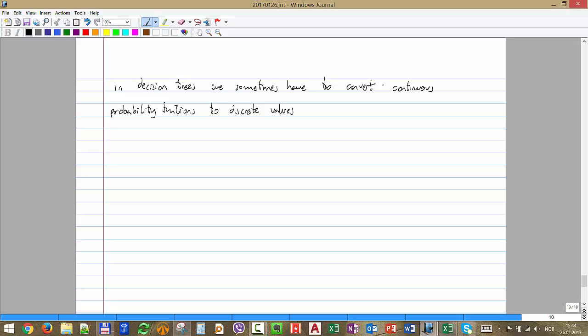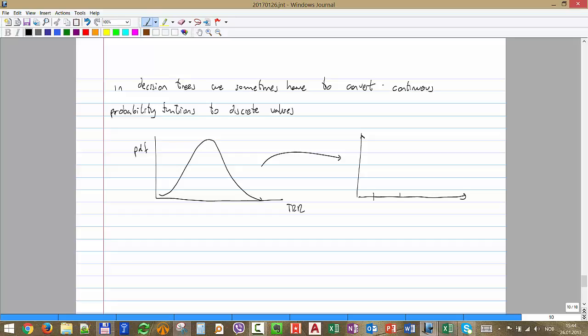So we want to change from, for example, if this is TRR and we calculated our distribution, our PDF, we want to get just 4 values, in this particular case. We want to have 4 values. Okay, remember that we don't want to have a gap, but let's leave it like this for now.